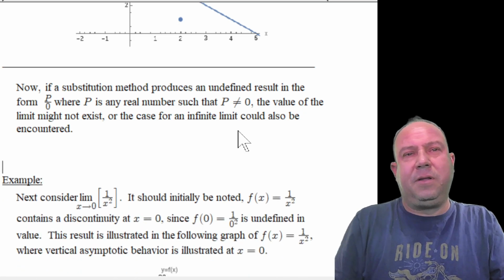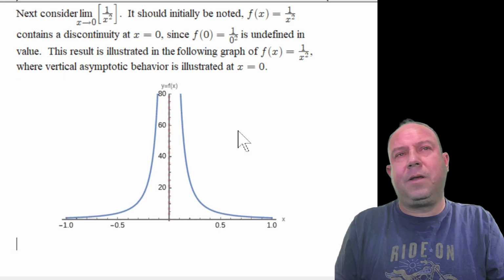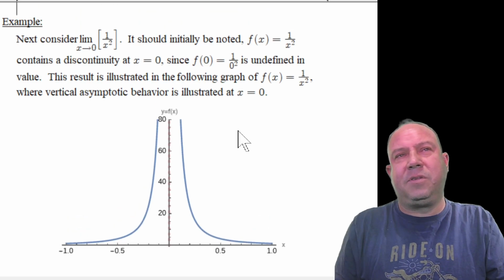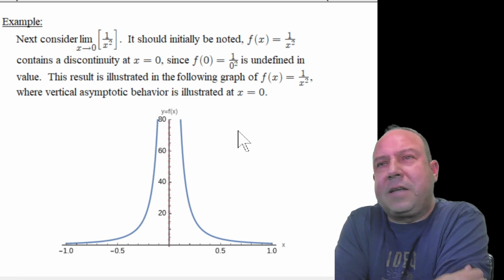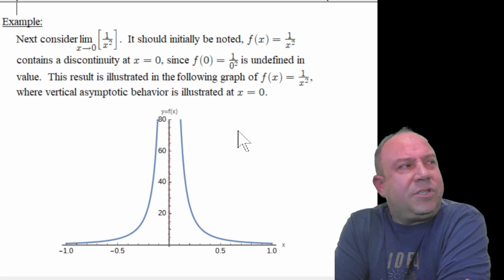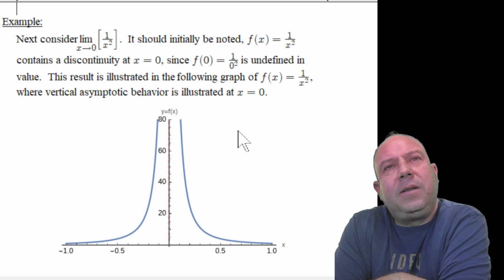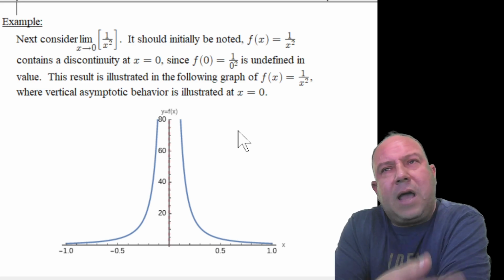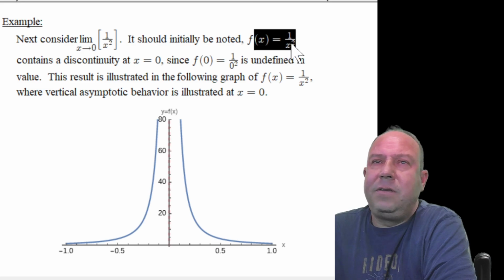Here's an example of an infinite limit. The image is kind of big, so it jumps right down there, but let's take a look at it collectively. We might consider the limit as x approaches 0 for 1 over x squared. That's going to be our function f.